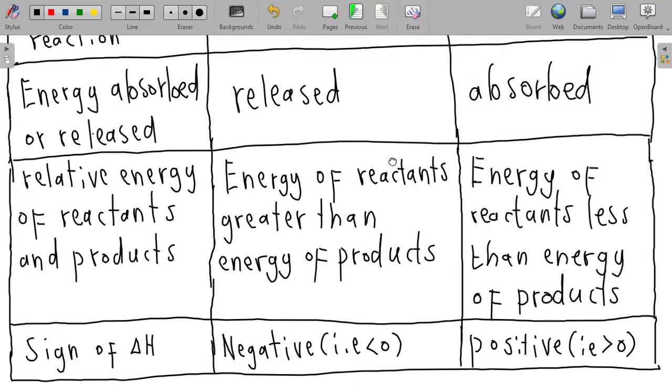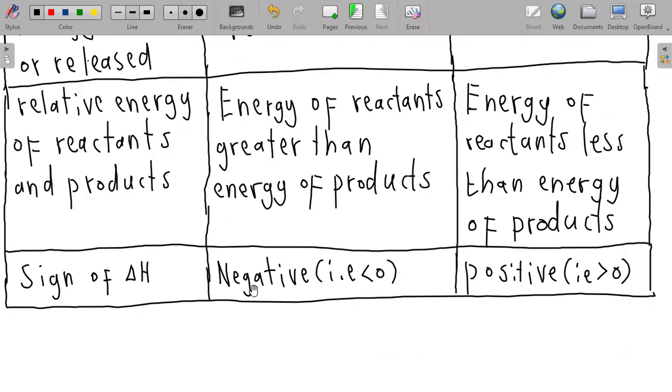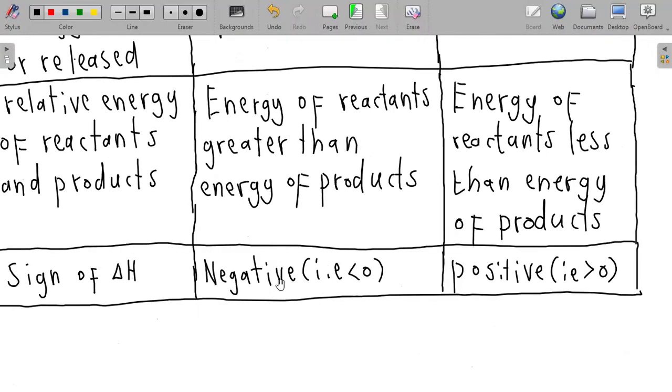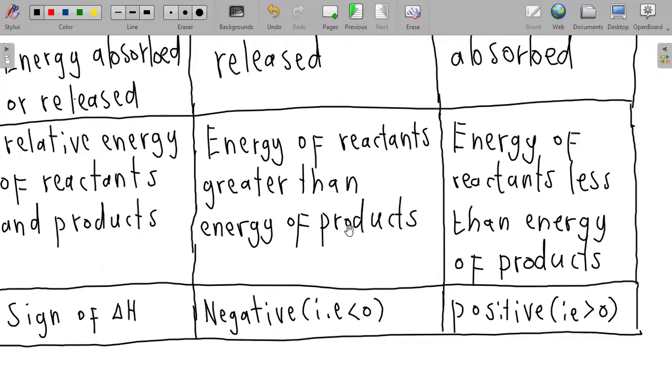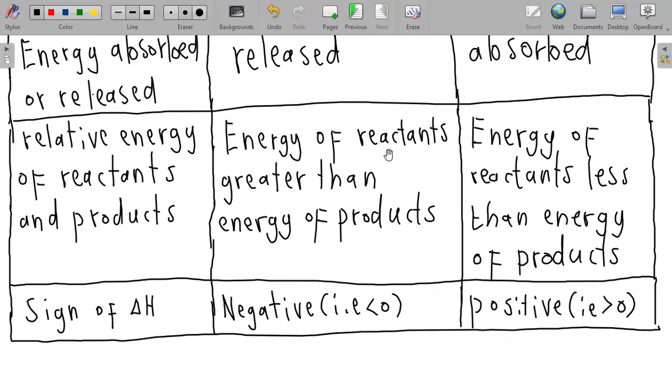The sign of the enthalpy for the exothermic is negative or less than 0, and positive or greater than 0 for the endothermic. The energy of the reactants is greater than the energy of the products for exothermic, and here it is less than the energy of products.